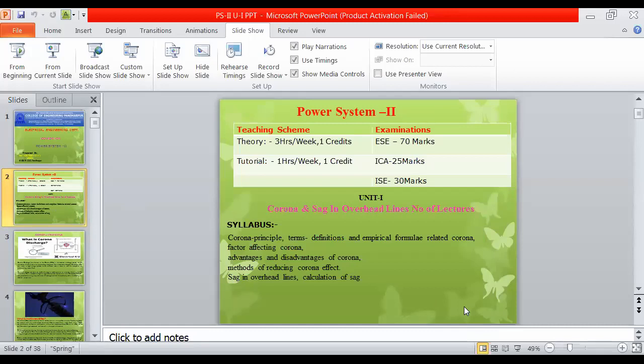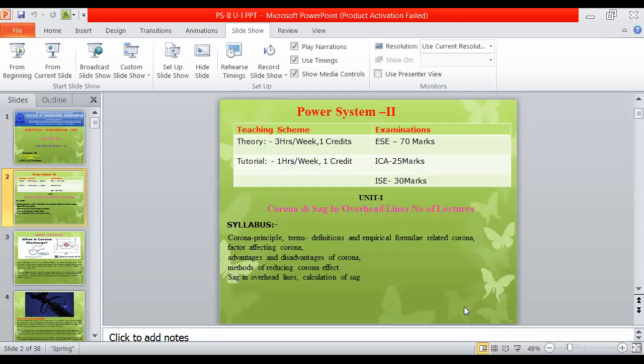So with this example, we will skip ahead from the corona discharge. In this corona discharge topic, we have seen the corona principle, terms and definitions used for the corona discharge, the empirical formula to calculate the corona discharge, and also various important terms like critical disruptive voltage and visual critical voltage.